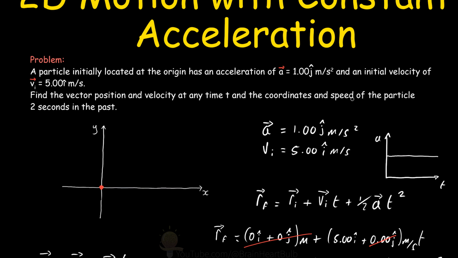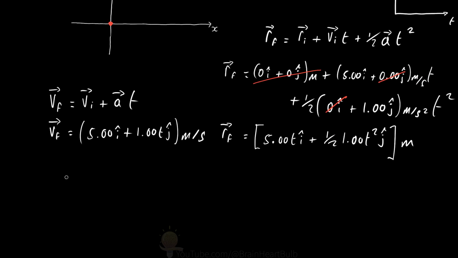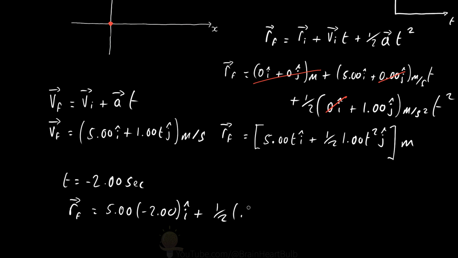We want to find out where the particle was 2 seconds before the particle reached the origin. So t is equal to minus 2.00 seconds. The position is equal to 5 multiplied by minus 2 plus half times 1 times minus 2 squared.